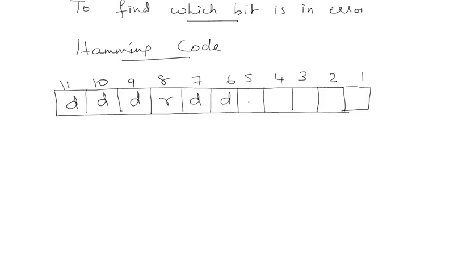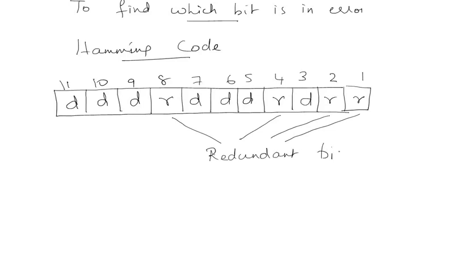Again we have 3 data bits followed by a redundant bit. Again this is 1 data bit and these are the 2 data bits. So here in the 8th position and the 4th, the 2nd and the 1st position we have the redundant bits. The remaining are the data bits.